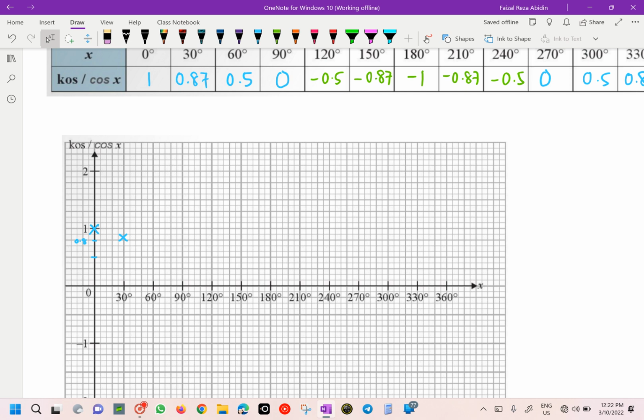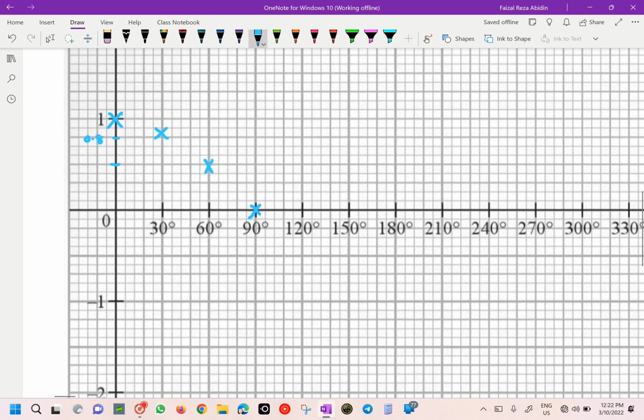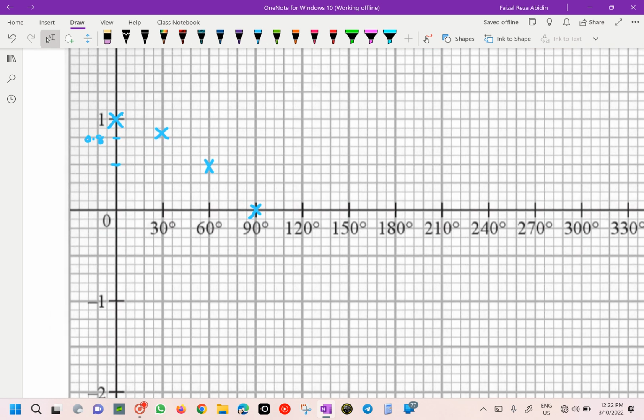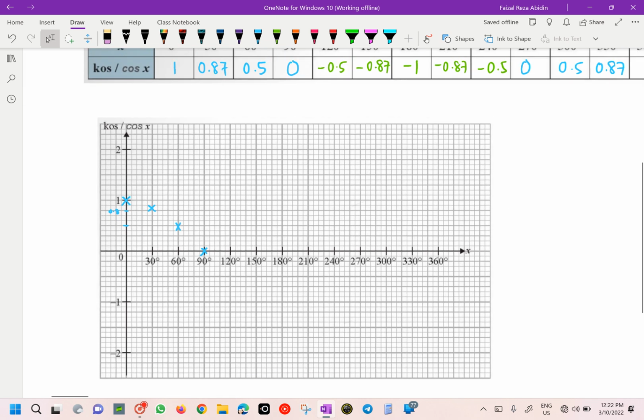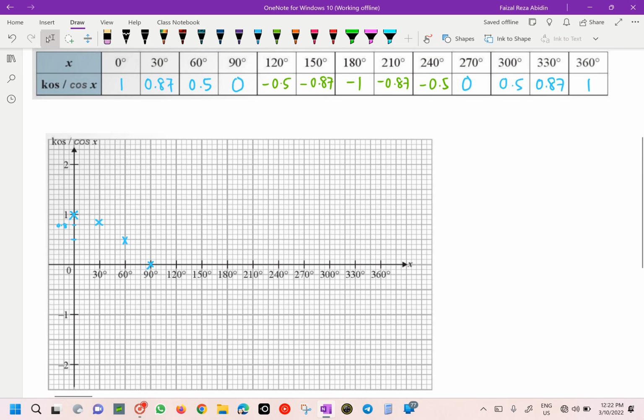0.87. 60 degree 0.5. Here. 90 degree 0. Okay. Can? Okay. Next, we are going to have our 120 with negative 0.5.